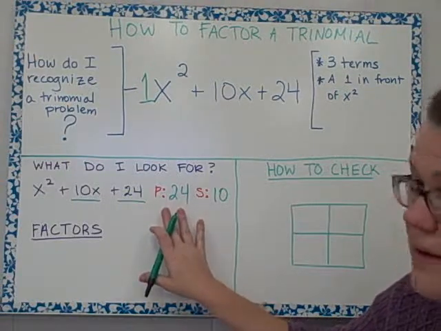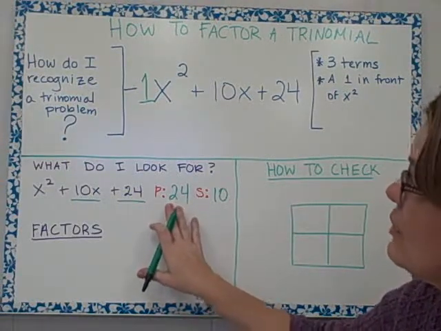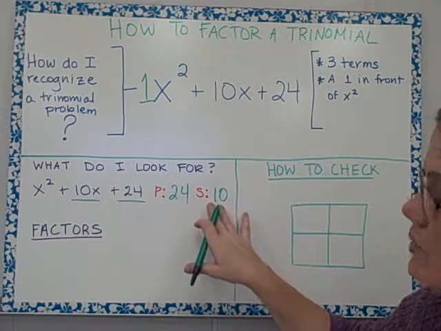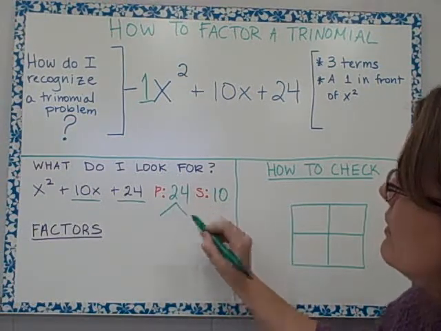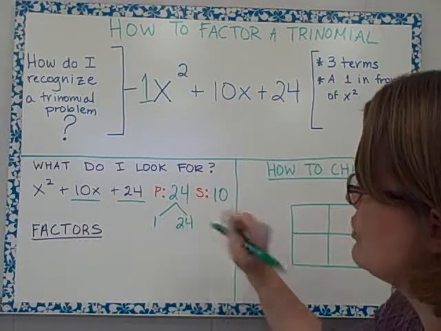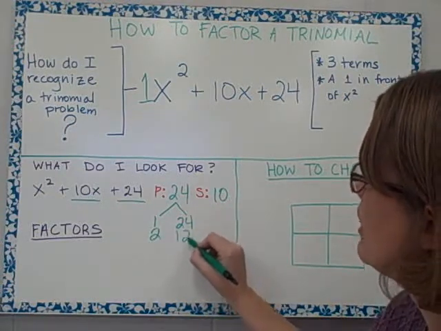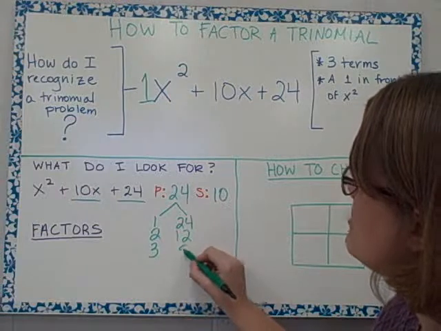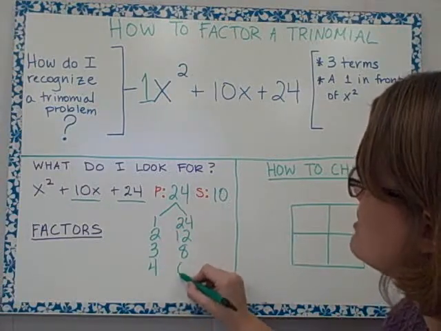I use the product to think of factors that will add up or subtract to equal the sum. So for example, with 24, 1 times 24 would give me 24, 2 times 12, 3 times 8, 4 times 6.